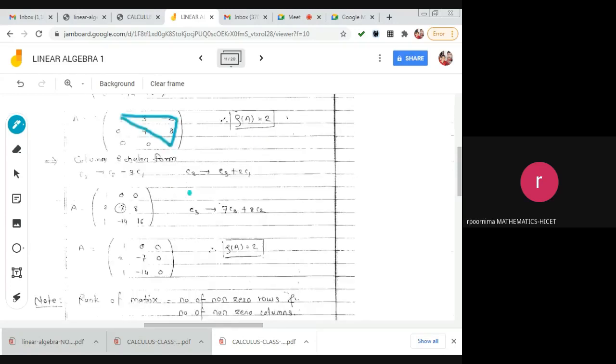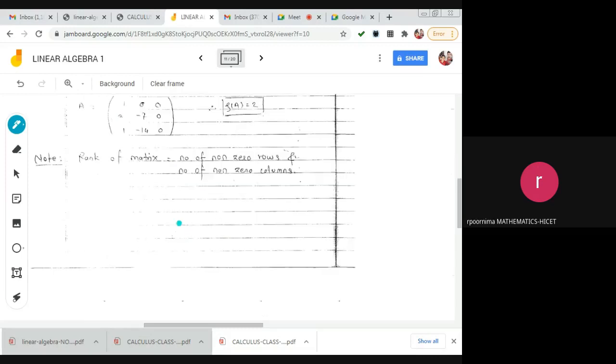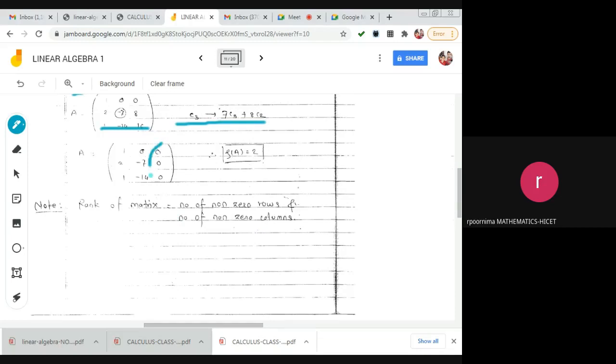For column echelon form, you use only column operations to make the entries zero. Here one of the columns is zero, so the rank of A is 2.